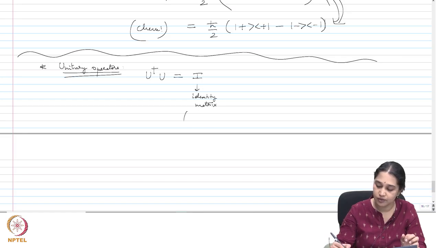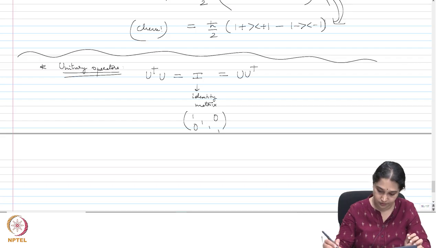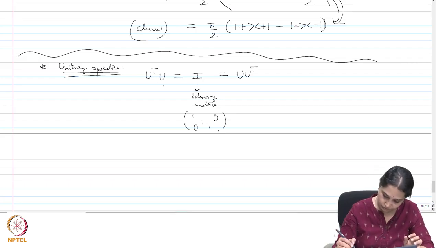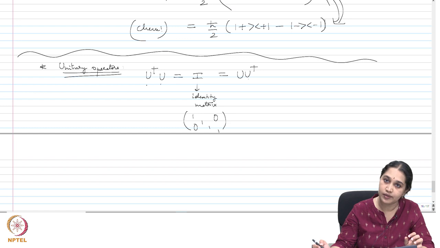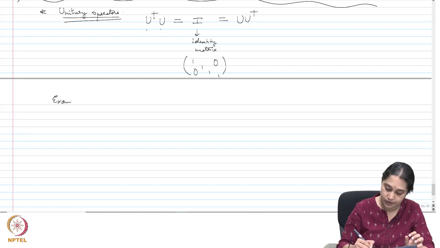Remember, the identity matrix is just a matrix with 1 along the diagonal entries and zeros everywhere else. Similarly, U multiplied with U dagger is also identity. So, if a matrix U satisfies this condition, it is said to be unitary. Actually, we have already seen an example of this in the previous segment.